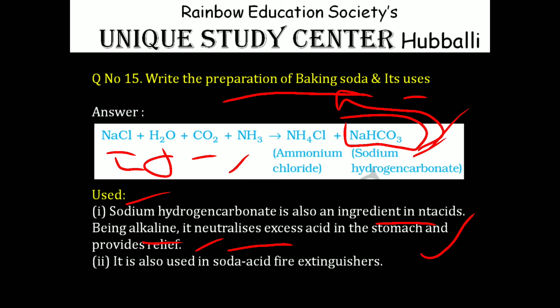Second, it is used in soda acid fire extinguishers, for putting out fire. The fire is stopped by the baking soda, as its molecular mass is greater, therefore it is used for stopping the fire.